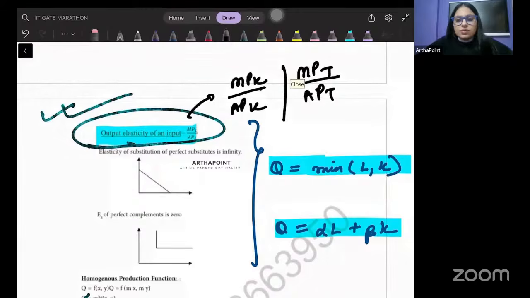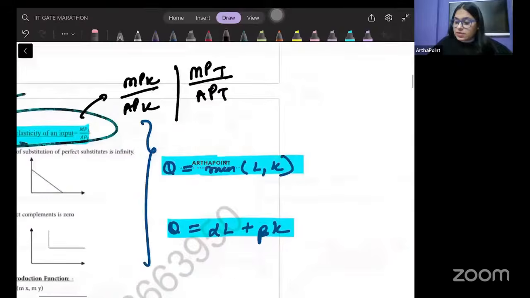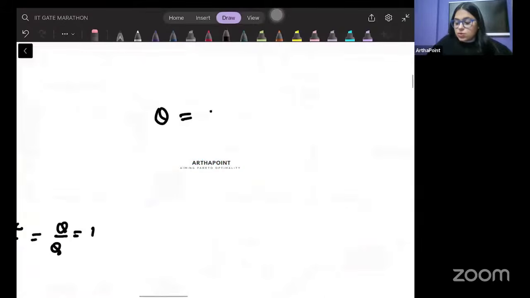Because you highlighted that it can be power of labor or capital, I just want to highlight that this is only possible if it is a Cobb-Douglas function. But what if it is not Cobb-Douglas? What if I'm given some other kind of function, such as Q is equal to LK plus L? Then I have to go ahead and calculate, right?